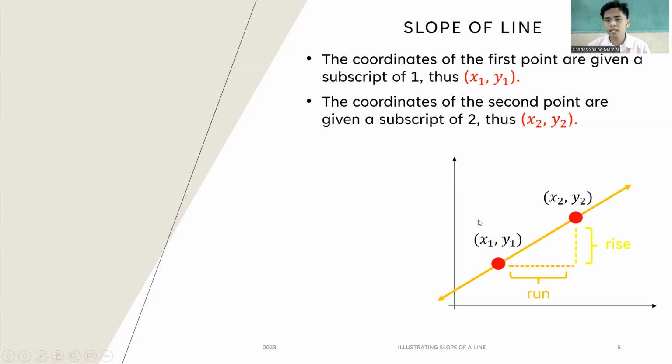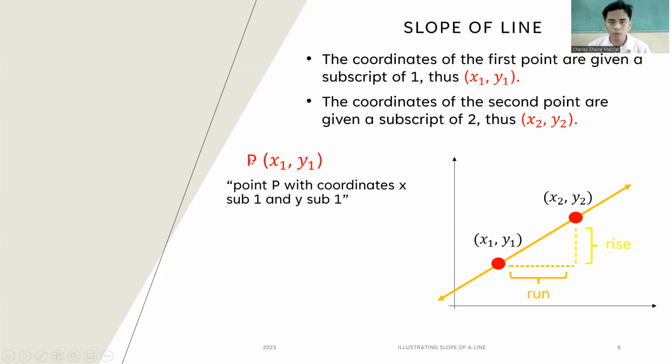Okay? So, using this illustration again, paano natin basahin yung point? Okay? Ganito basahin si point. So, yung point P, this one, with coordinates x sub 1 and y sub 1. So, ang basa natin dito is point P with coordinates x sub 1 and y sub 1.